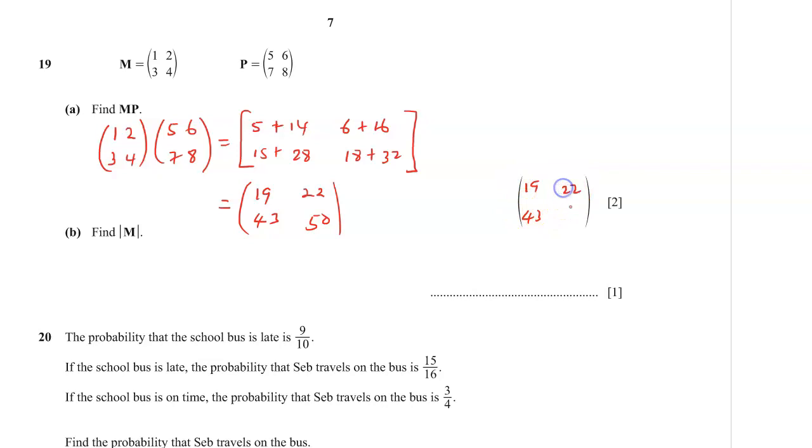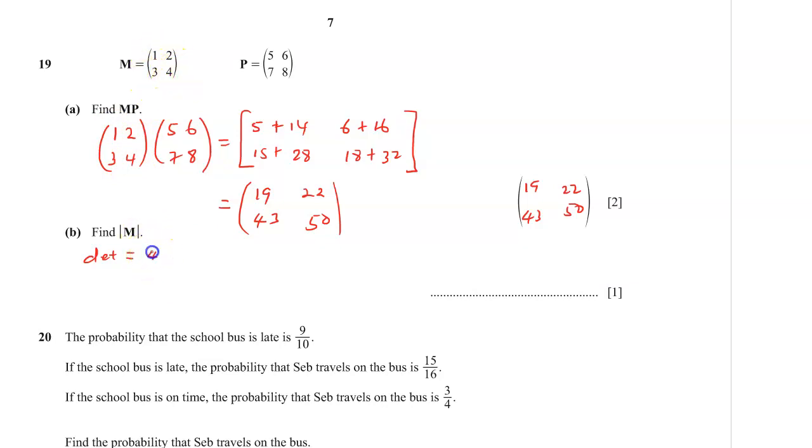So 19, 43, 22, 50. We are told to find the determinant of M. The determinant is 4 minus 6.